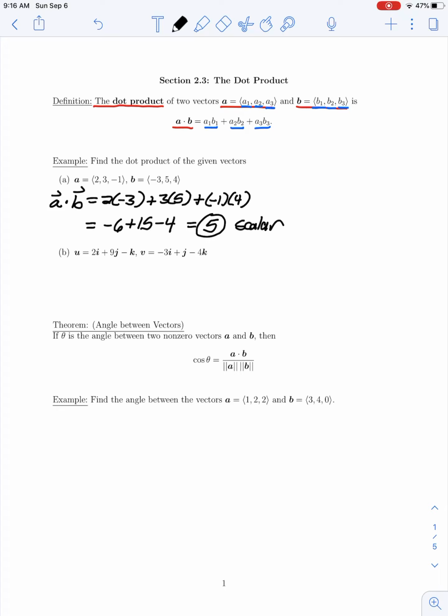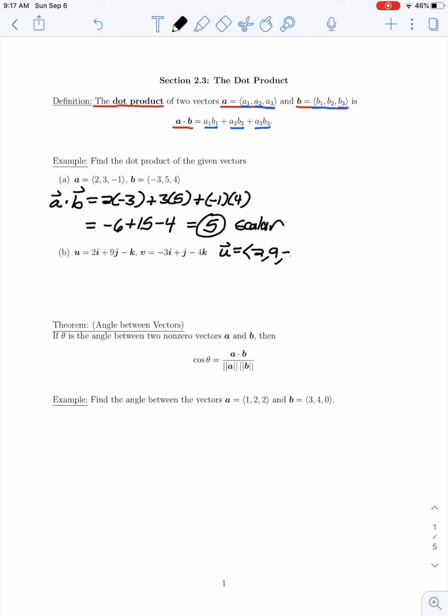Now in part B, we have vectors u and v, which are written in terms of the standard basis vectors, i, j, and k. But remember that this notation is the same as the angle bracket notation, where here u has a first component of 2, a second component of 9, and a third component of -1.